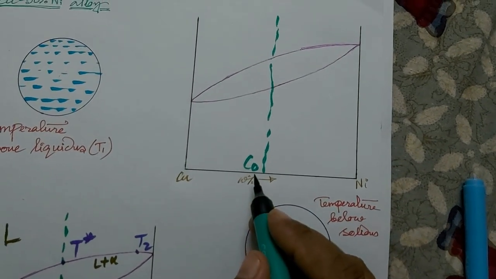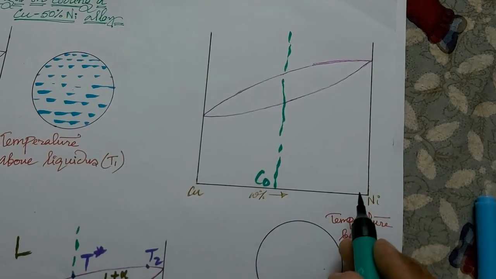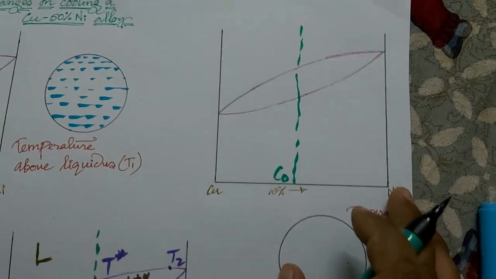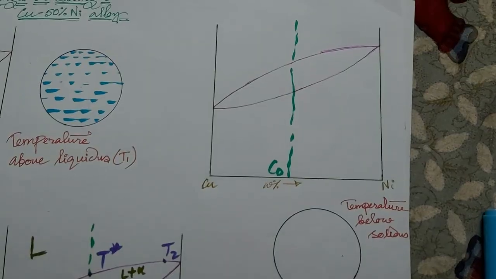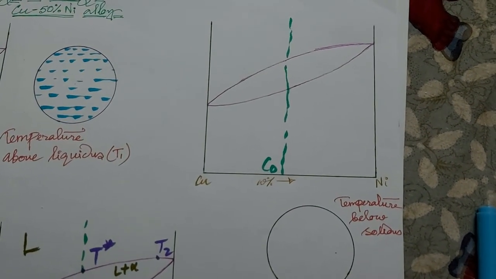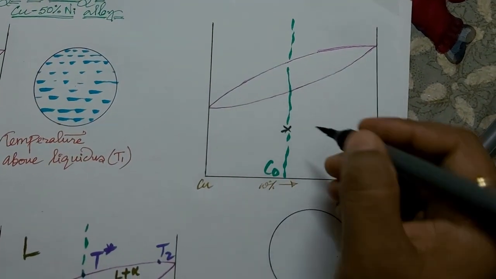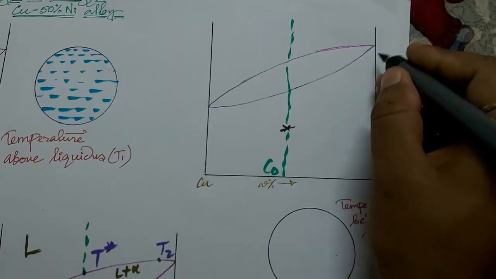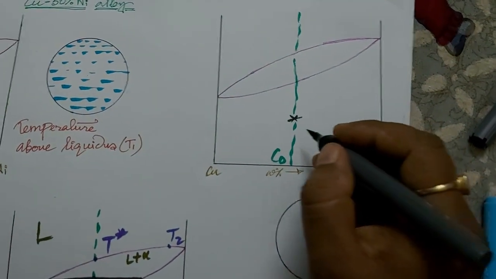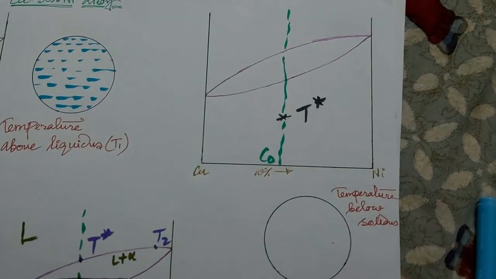C naught consists of 50% copper and 50% nickel, and we take one particular point at this place below this solidus line, and let us take this temperature as T star.